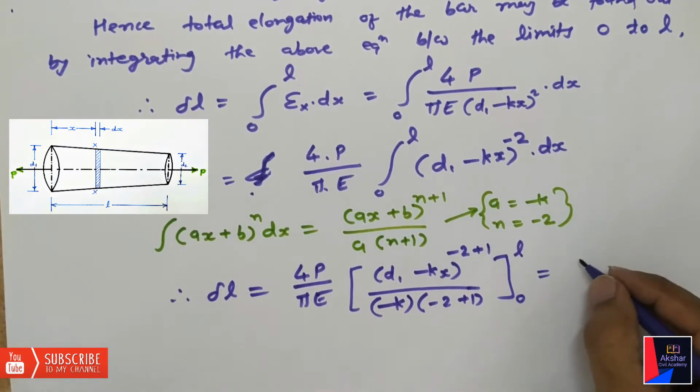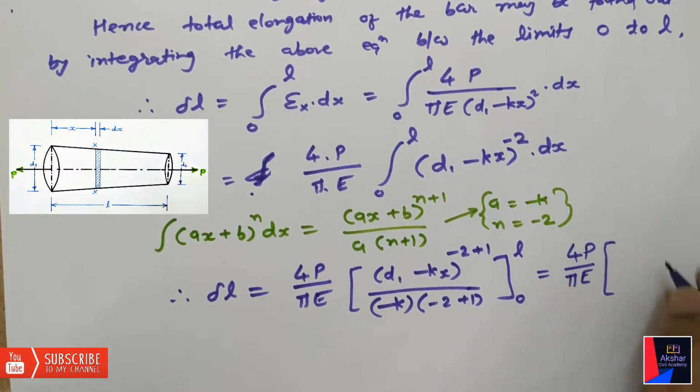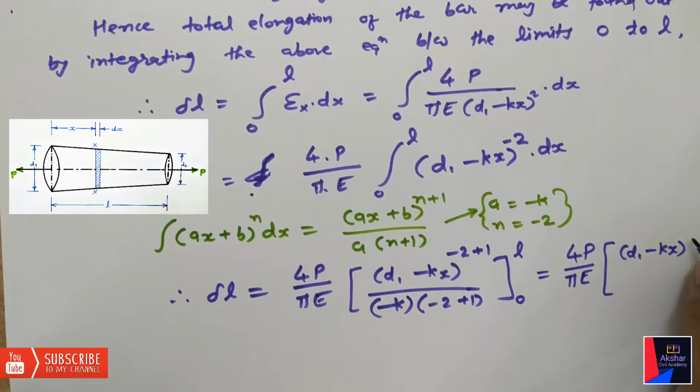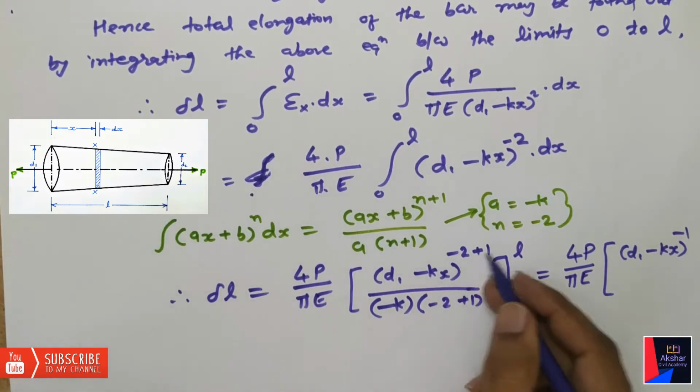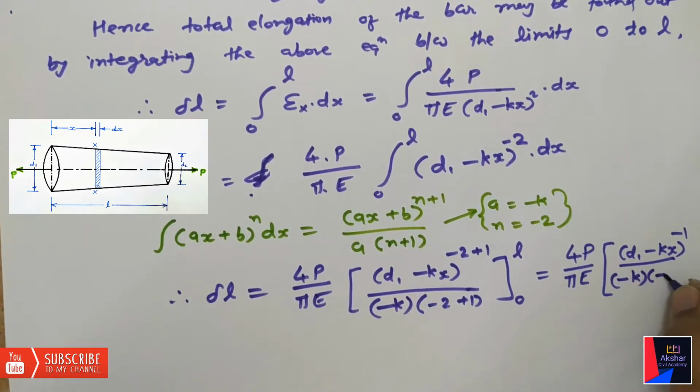So we will get 4P upon pi E, in bracket (d1 − kx) raised to −1, since −2 + 1 will be −1, divided by −k into −1, and limits are 0 and L, okay.